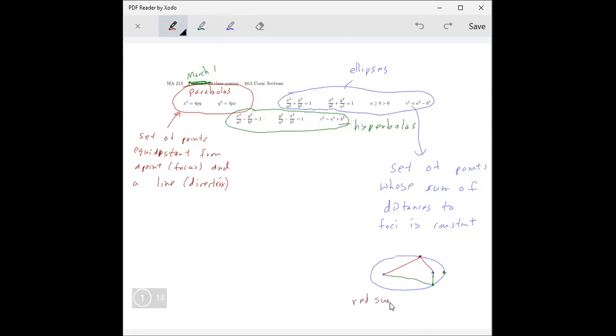Okay, so the red sum equals the green sum. And then you could have a different one, and so on. So if you take that distance here and that distance, it equals the purple sum. Okay, so the sum of those two distances is the same.